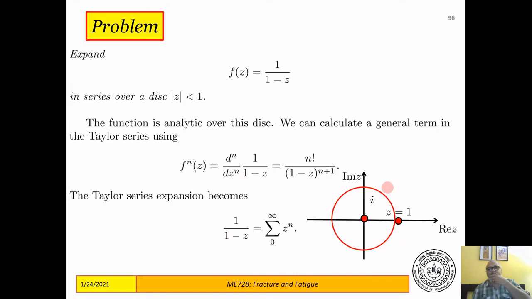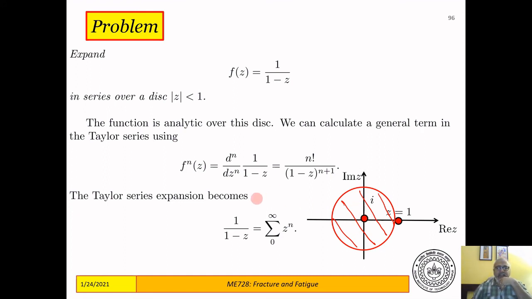Another problem that we are not going to do: this function has a singularity at z equal to 1. So we want to evaluate it over the disk |z| less than 1, which is this disk centered at the origin. Since z equal to 1 is excluded, it is analytic over this disk, and you can expand it as a Taylor series about z equal to 0.